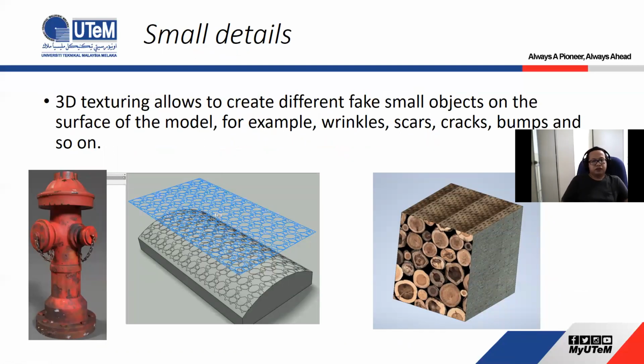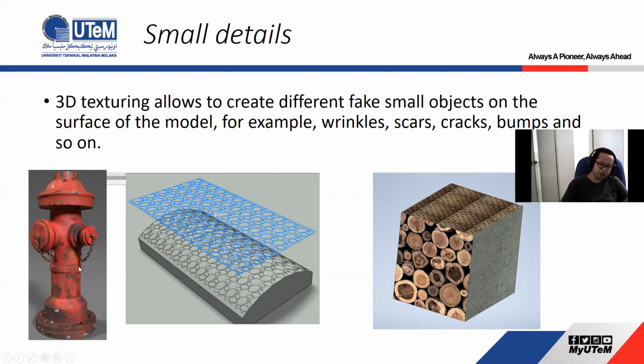All right, 3D texture allows us to create different fake small objects on the surface of the model, for example, wrinkles, scars, cracks, bumps, and so on. Actually, this kind of design is not real. It is a design, but because of the texture it seems like a very old object.